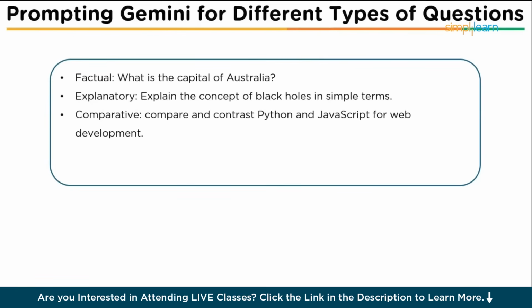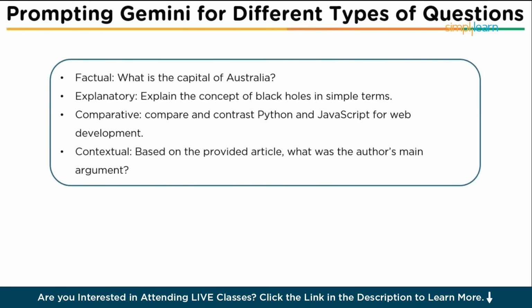For comparative analysis, instruct the model to compare and contrast Python and Java for web development. Lastly, for contextual questions, always refer back to provided information. For example, based on the provided article, what is the author's main argument, ensuring the answer is grounded in your specific data.